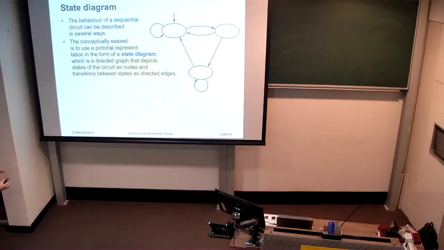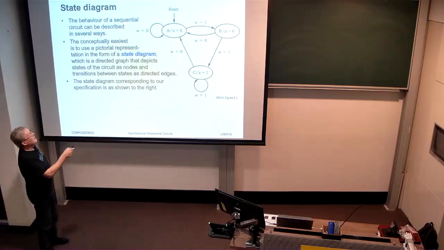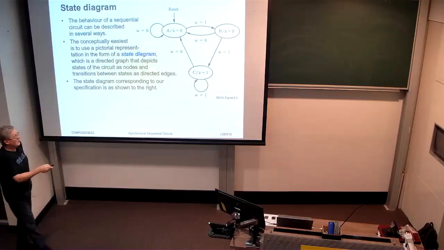A state diagram is just a directed graph that comprises nodes that represent the states of the system and directed edges which indicate the transitions that should take place between states on particular inputs. For our particular design, this is the state diagram that results.